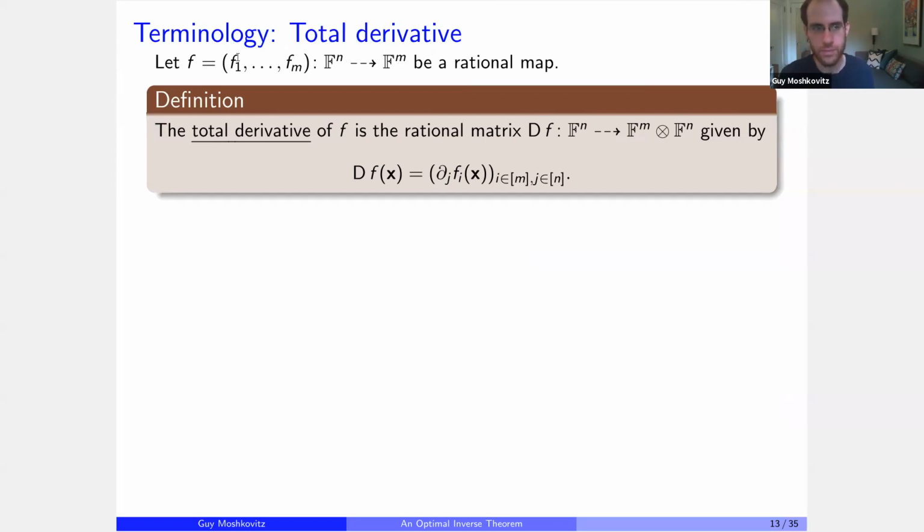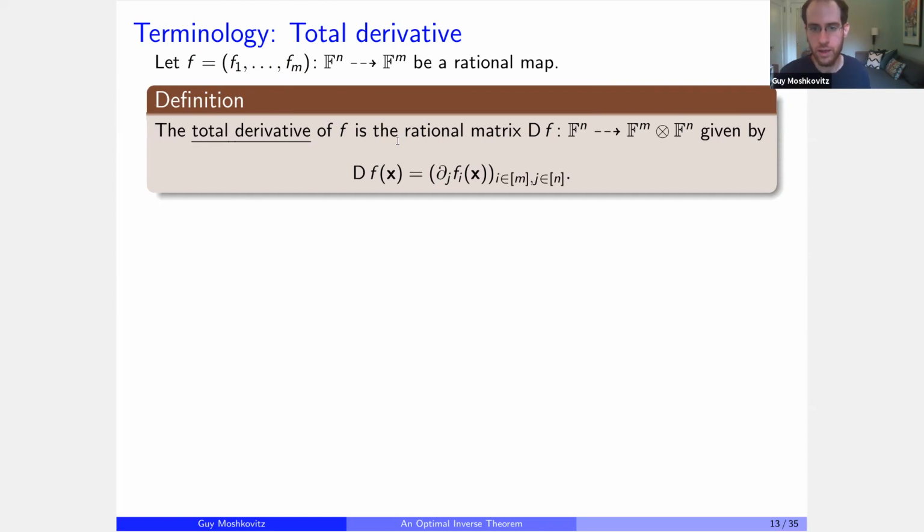First of all, let me explain what I mean when I say total derivative before I talk about algebraic geometry. Suppose you have a rational map. A rational map is just a tuple of rational functions. A rational function is just a quotient of polynomials. Suppose you have a rational map, you can talk about its total derivative, and it's going to be a matrix. If you start with a tuple of functions, the total derivative is a matrix of rational functions. It's actually the Jacobian of these polynomials.